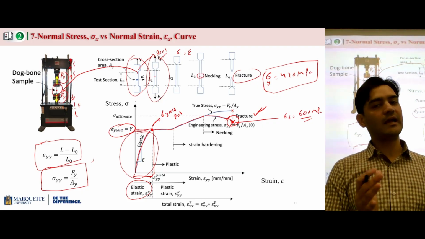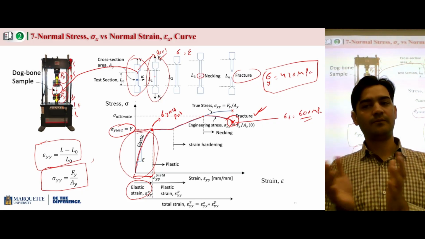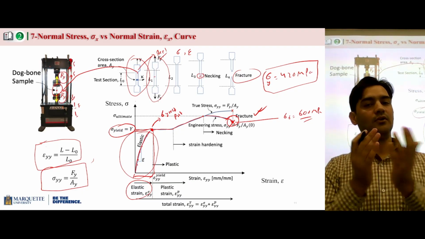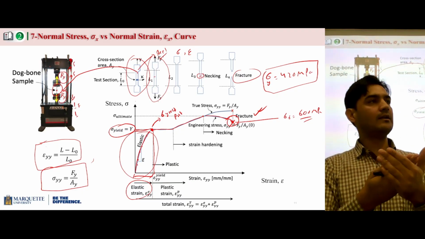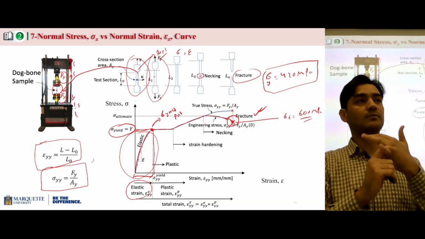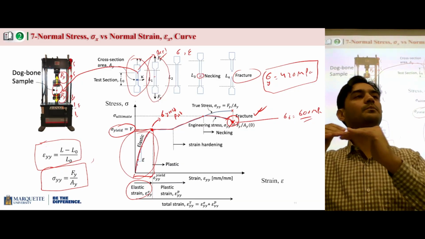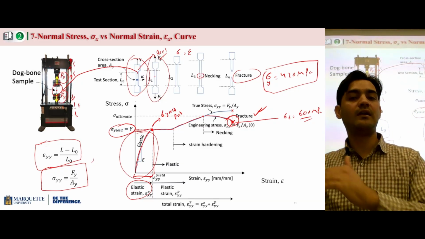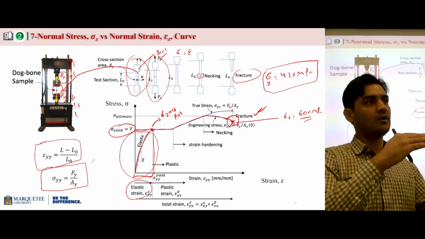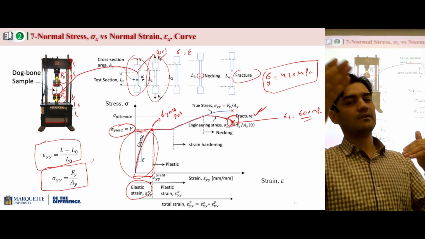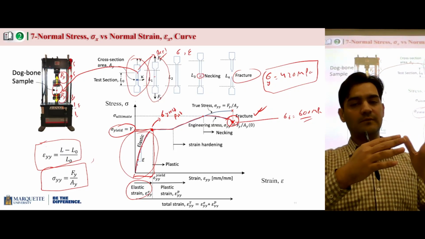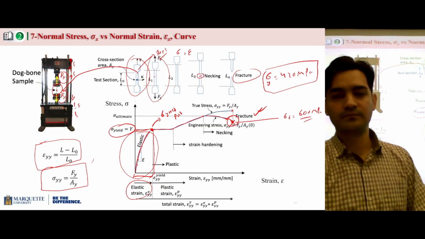So every material has a specific stress strain curve, and by looking at that stress strain curve, we can calculate when this material will fail, at which particular stress level it will fail, and if you go beyond that stress level, you're going to have permanent deformations.